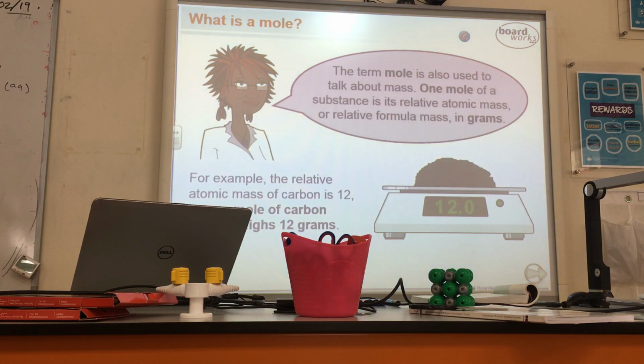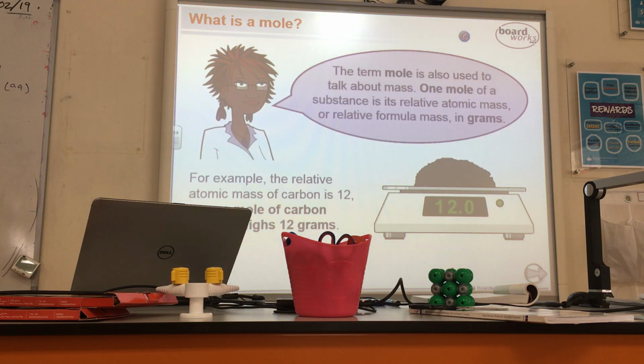Now, a mole is a number. Because in 12 grams of carbon, we've got a certain number of atoms. Does anyone know that number? Avogadro's number. What is Avogadro's number? Something to the power of 23. Isn't it 6 point something times 10 to the power of 23? That's it. 6.023 times 10 to the 23.